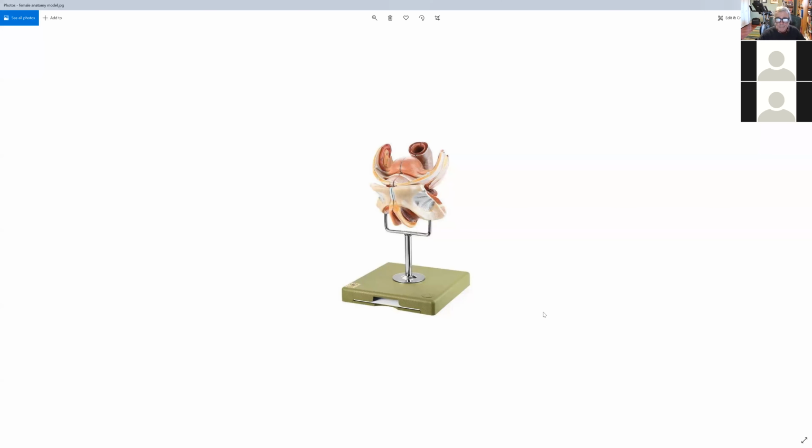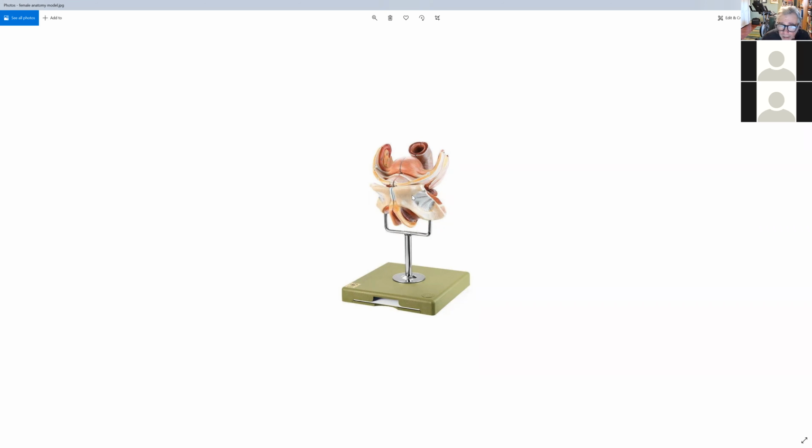All right, let me close this stuff and go back to screen share. Here it is. This is what I call a 3D model, female.